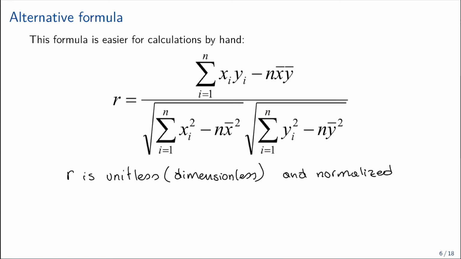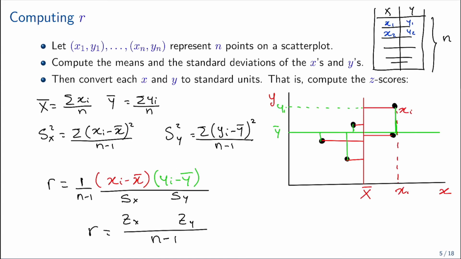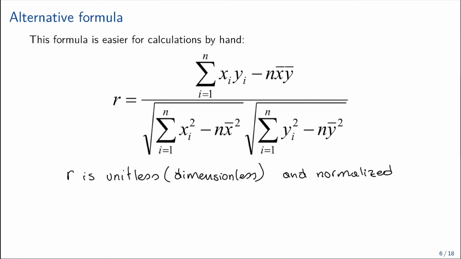Normalized meaning that the size of r is going to be about 1, and the reason is that we are dividing by sx and sy, the standard deviation in x and y, which has the same order of magnitude of x and y correspondingly, and it has the same unit. So that's the result of dividing by the standard deviation of x and y.